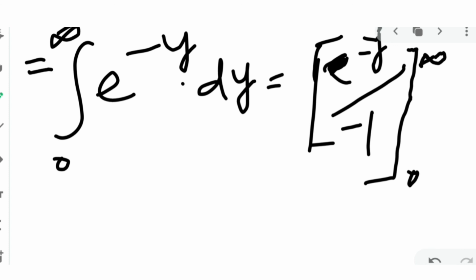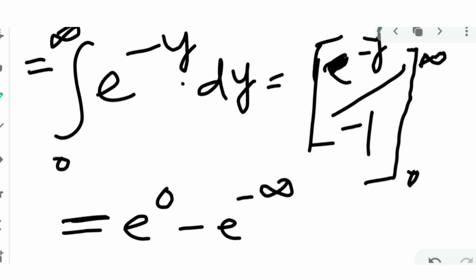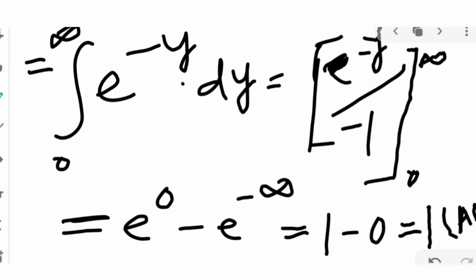Then we will be putting the upper limit and the lower limit, and we will be getting e to the power 0 minus e to the power minus infinity, and anything to the power 0 is 1, and e to the power minus infinity will be 0. Therefore, we will be getting the answer as 1. Right.